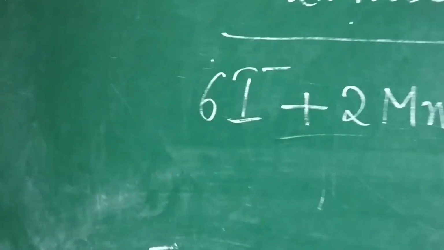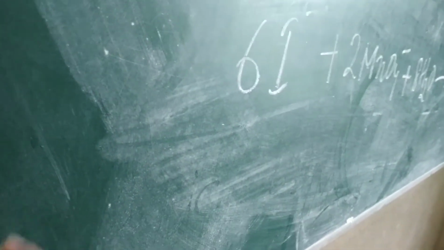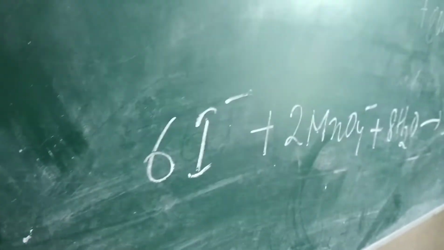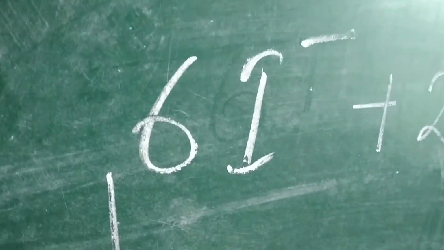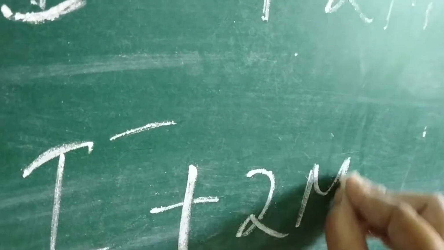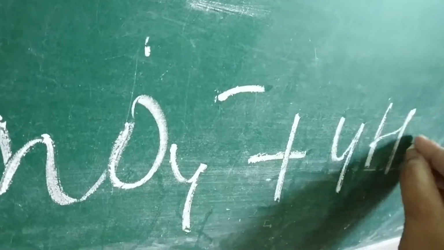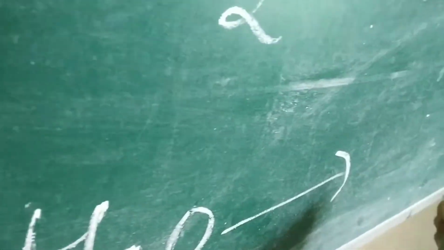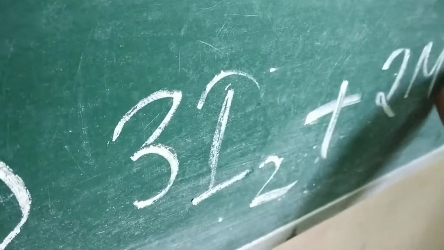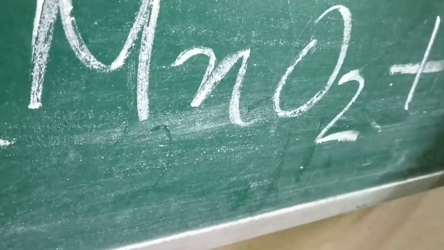So now we will write the final balanced chemical equation in the basic medium. This is for the basic medium. The final chemical equation in the basic medium will be 6I minus plus 2 MnO4 minus plus 4 H2O giving 3I2 plus 2 MnO2 plus 8OH minus ions.